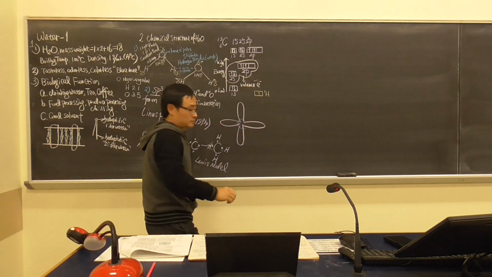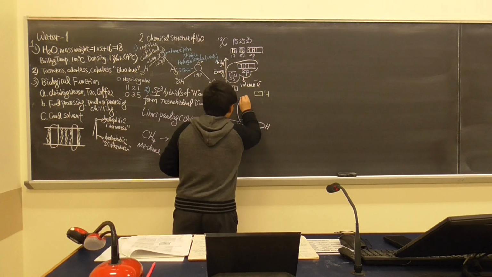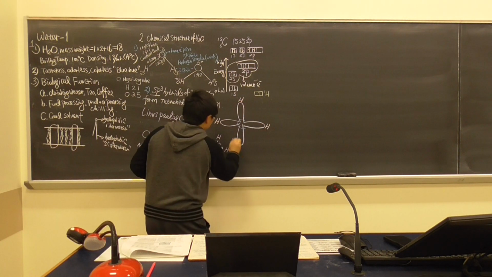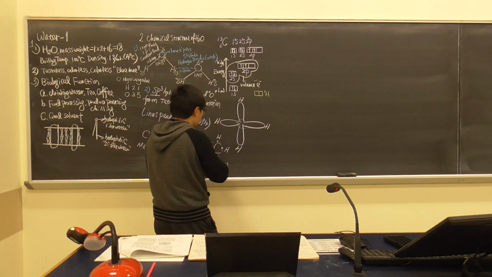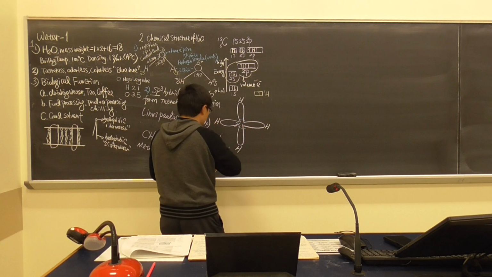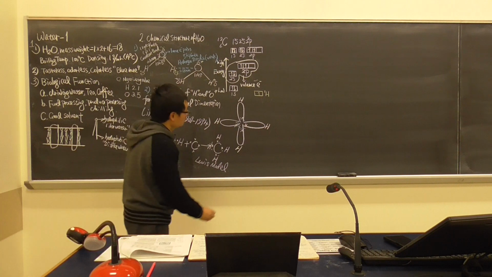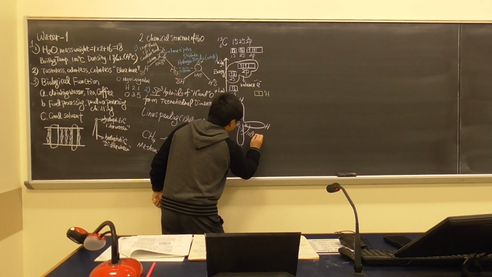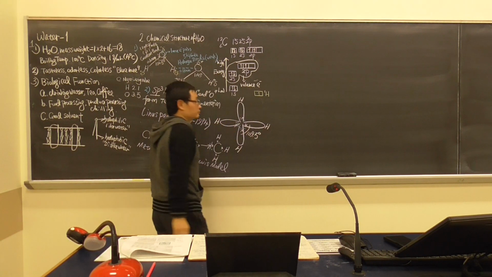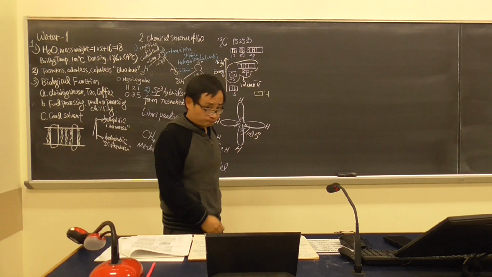Center is C, then the outer layer is going to be H, H, H, H, and shared. What do you find? This angle is 109.5 degrees.